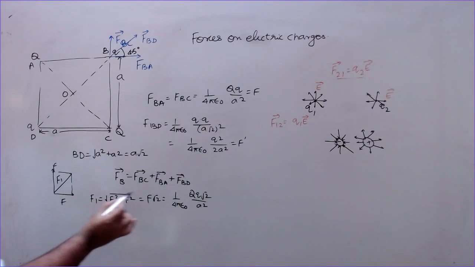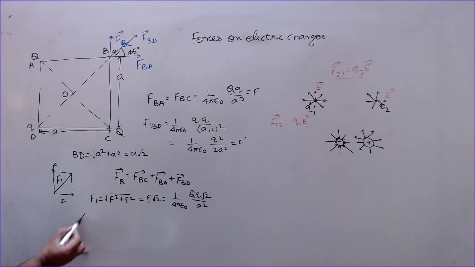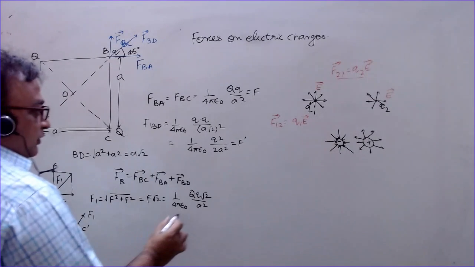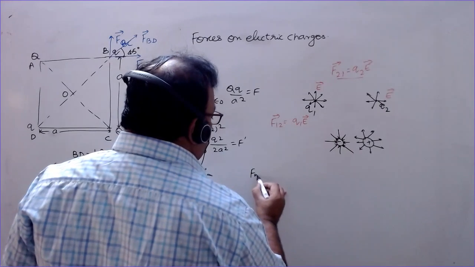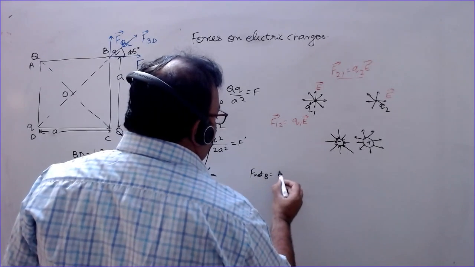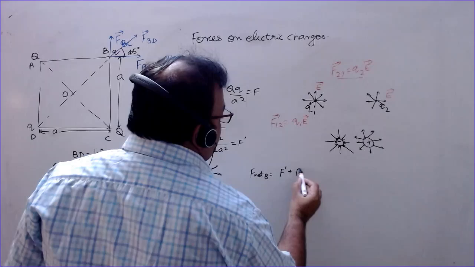Then we have this force F dash. So now F1 and F dash are in the same direction, so they can be simply added. So net force on B is equal to F dash plus F1.